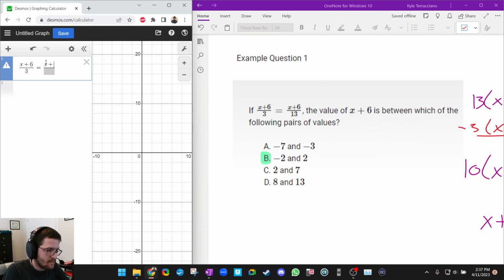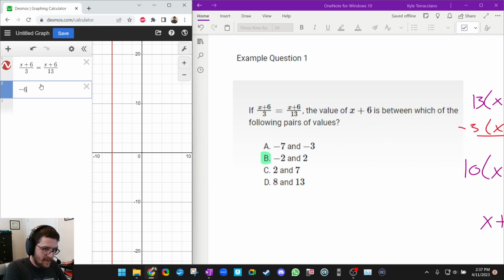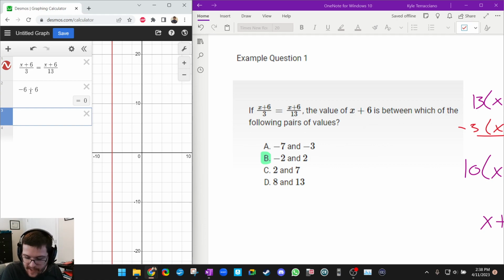And I get x is -6. So if I do -6 plus 6, I get 0. So you could have solved it. This is the 680 to 800 band, and you could have solved that in about 15 seconds using Desmos. So really helpful.